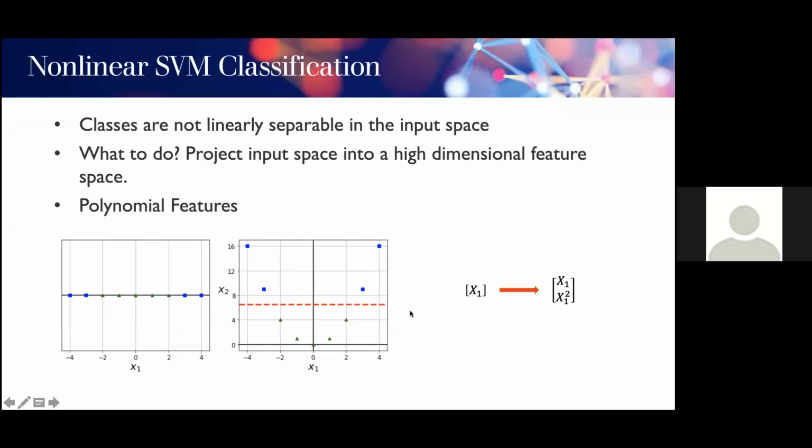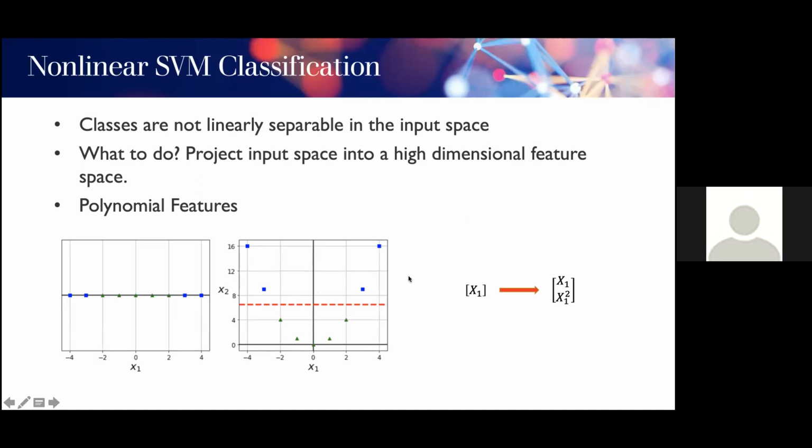So the author starts with a very simple example here, saying that most data is nonlinear, which is true, and most data you cannot even visualize. So it's a fair assumption to make that the data is nonlinear. The solution is to take the input features of the data and project them into higher dimensional space.